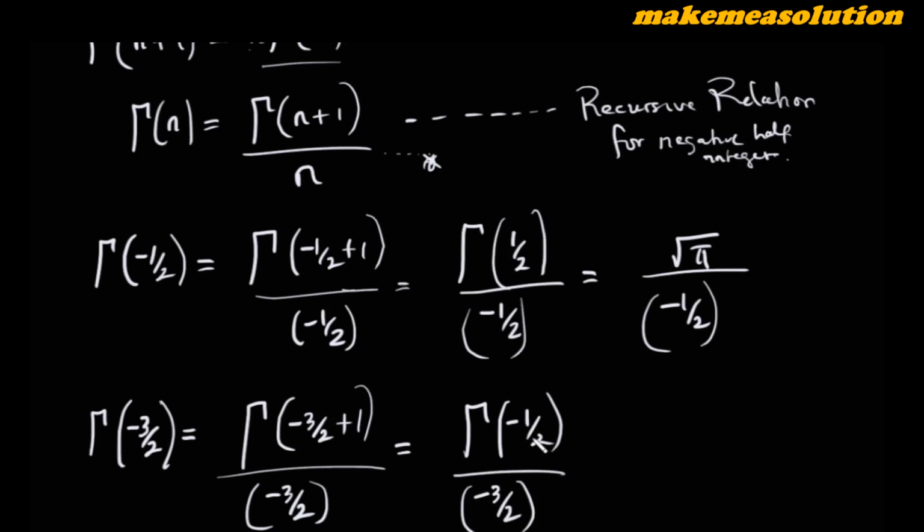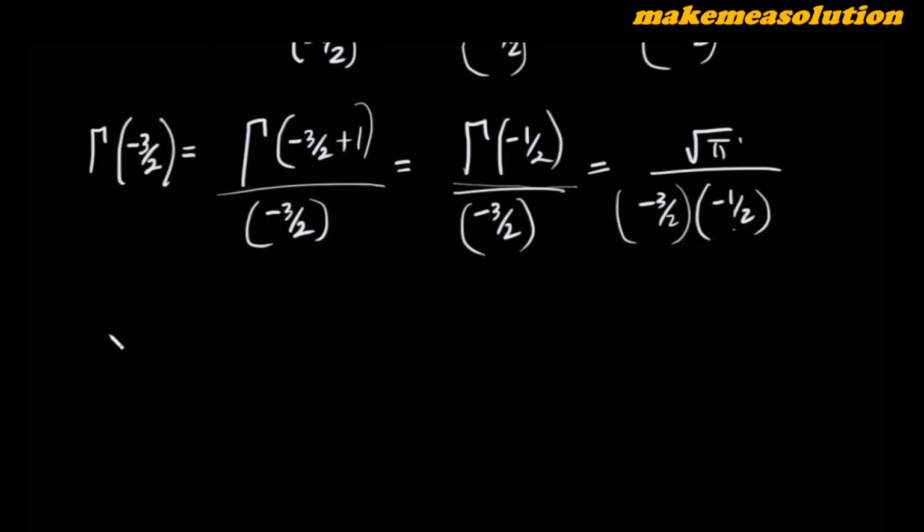We already have an expression for gamma of minus 1 over 2, and if you join it with what you have here, you get root pi divided by minus 3 over 2, then minus 1 over 2. So where this is the gamma of minus 1 over 2.